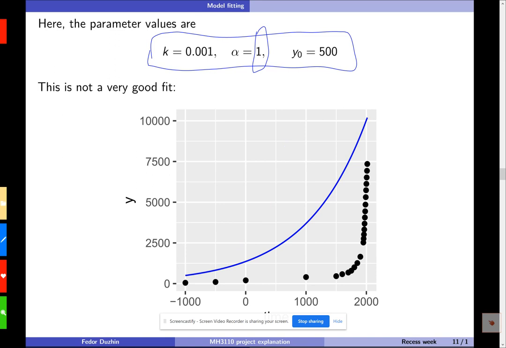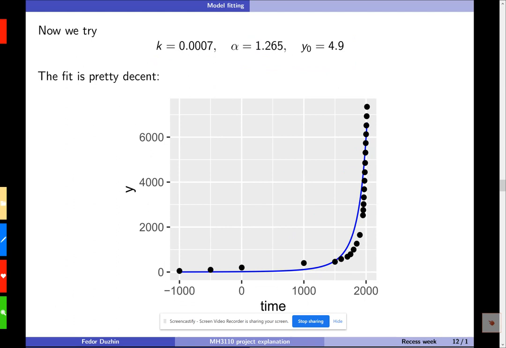At the same time, in the beginning, before at least the 15th century or so, the growth rate is slower, which probably means that our k should be smaller, right? So we want something like this. And here is our next attempt. Now I made k smaller, but alpha bigger. And you see that now the fit is pretty decent, much better.